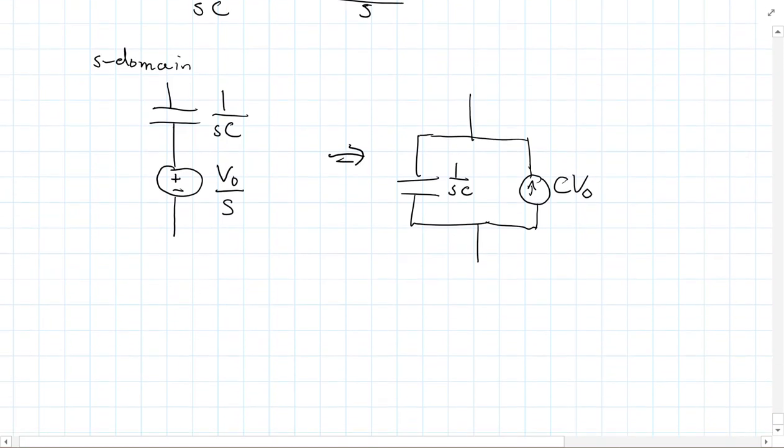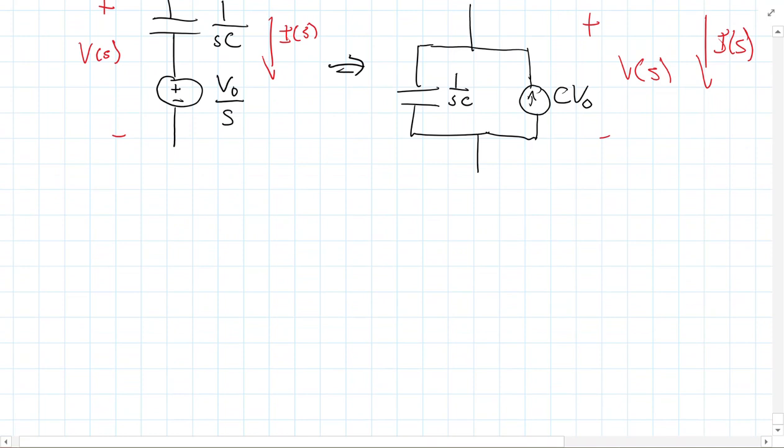And you'd get a current source. Now again, you need to be careful of the directions of these things, so if I want to make sure that we're careful here, this is plus minus V at S, plus minus V at S, and the current here would be I at S, and the current here would be I at S. So we're careful with all the signs and the directions.